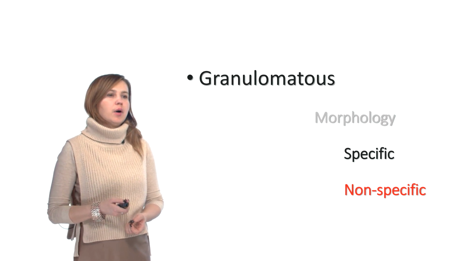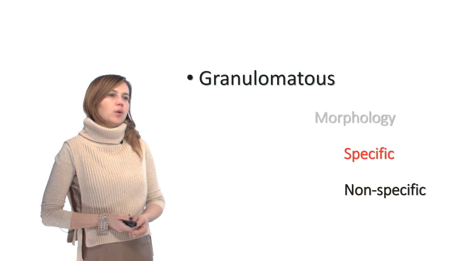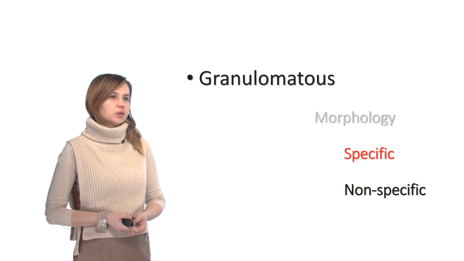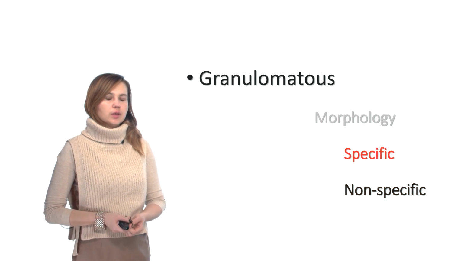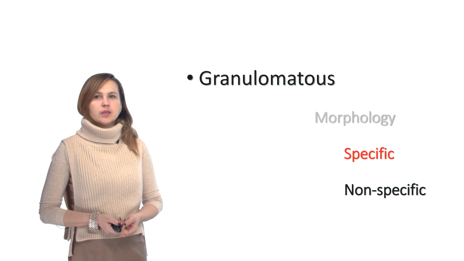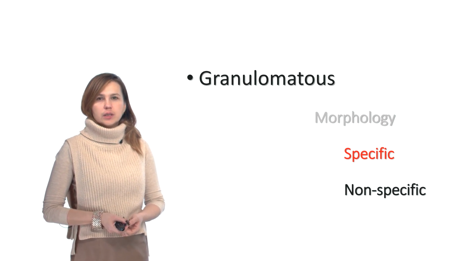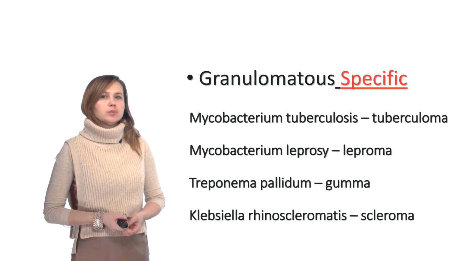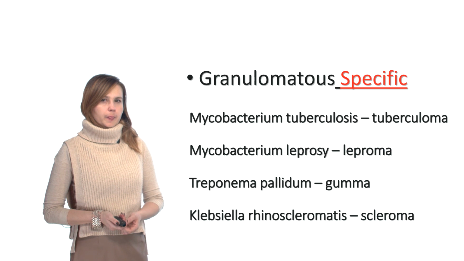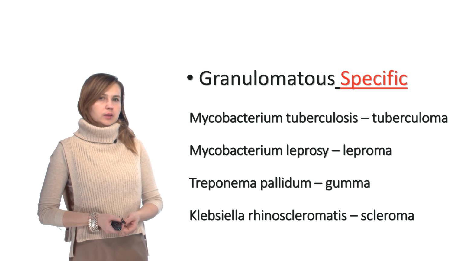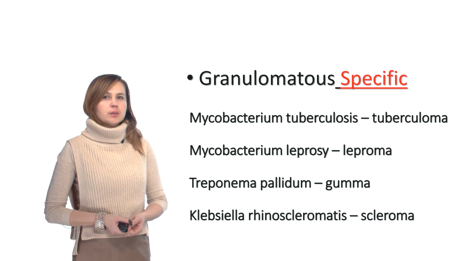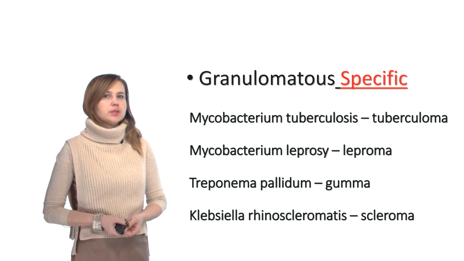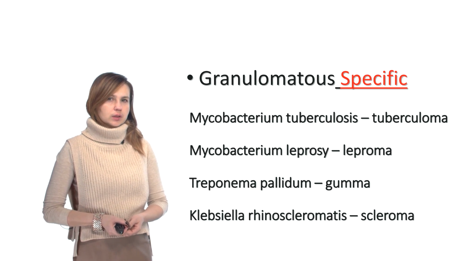Next, we speak about specific granulomatous inflammation. Specific granulomas are associated with specific pathogens: Mycobacterium tuberculosis, tuberculoma; Mycobacterium leprae, leproma; Treponema pallidum, gumma; Klebsiella rhinoscleromatis, scleroma.